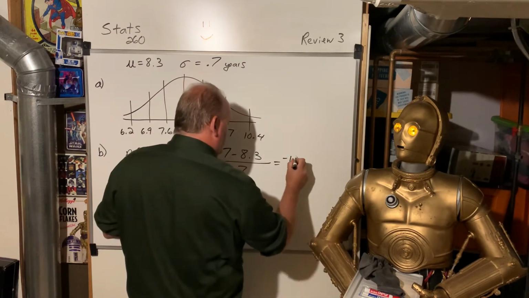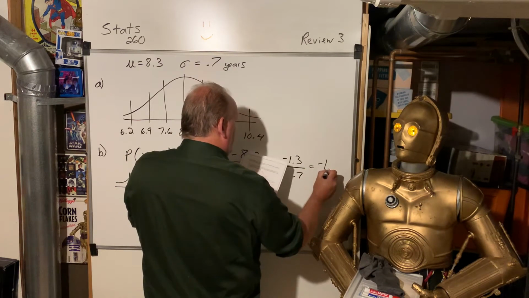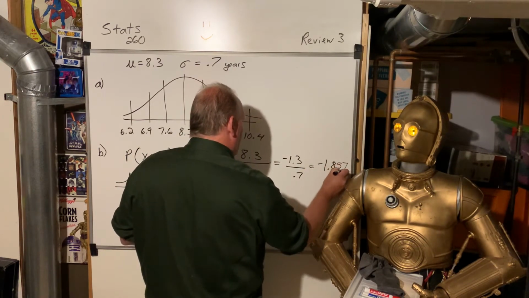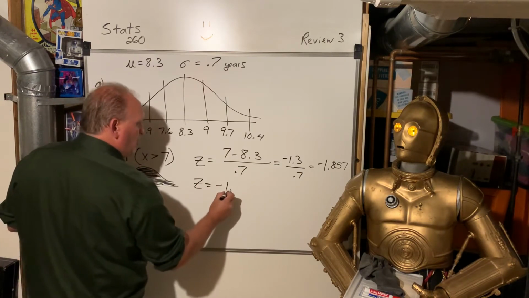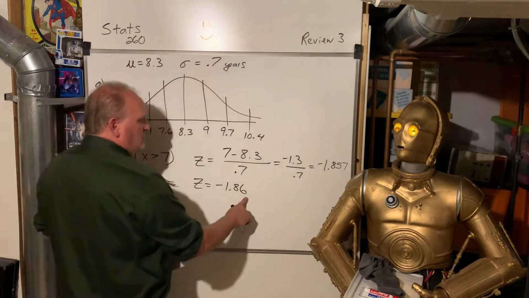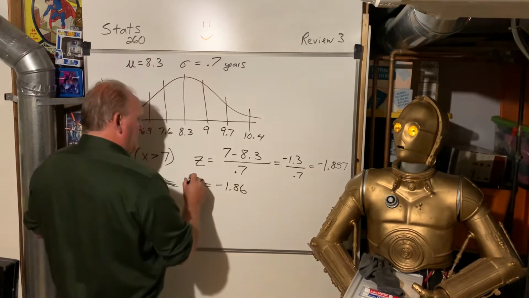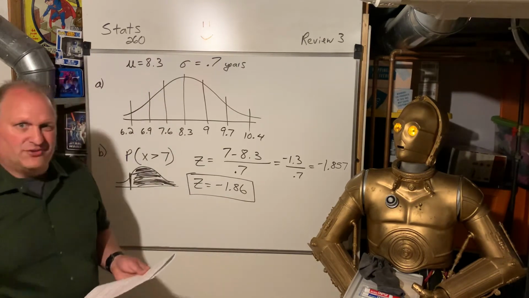So negative 1.3 over 0.7 is negative 1.857, which is z equal to negative 1.86. On Aleks, whenever you find a z-score, they make you round it to hundredths. That's so you can use the chart, because on the chart it's to hundredths.